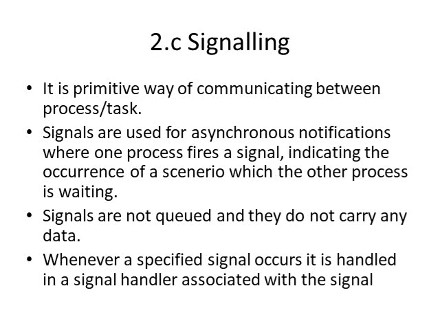Signals cannot be queued, and they do not carry any kind of information or data. Whenever a signal occurs, it is generally handled by a signal handler associated with that particular signal.